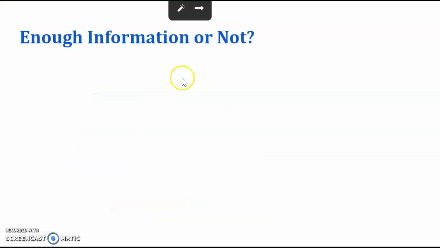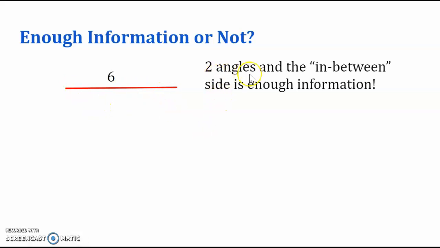To do that, I'm going to go back to my slides. If I have two angles and the side in between them, that is enough information. How do we come to that conclusion?